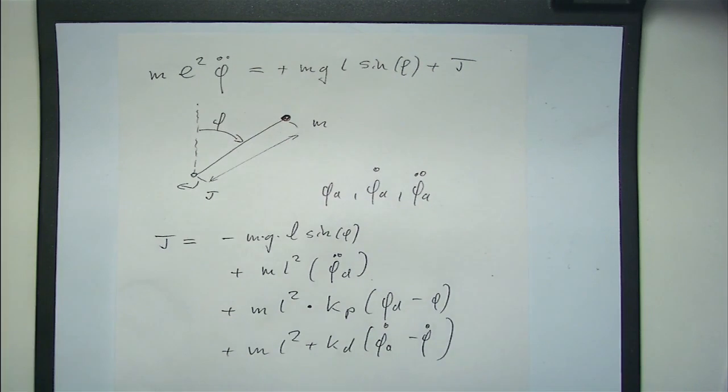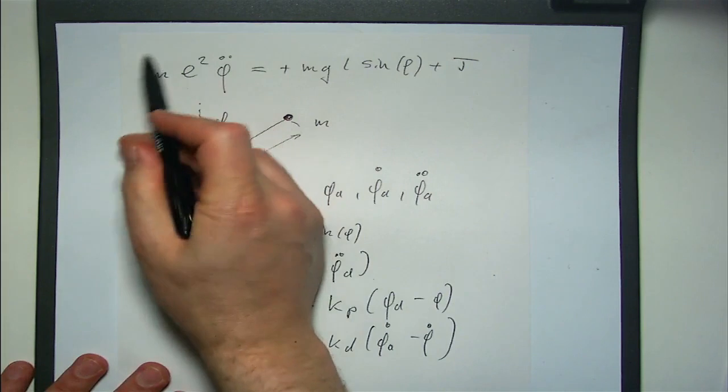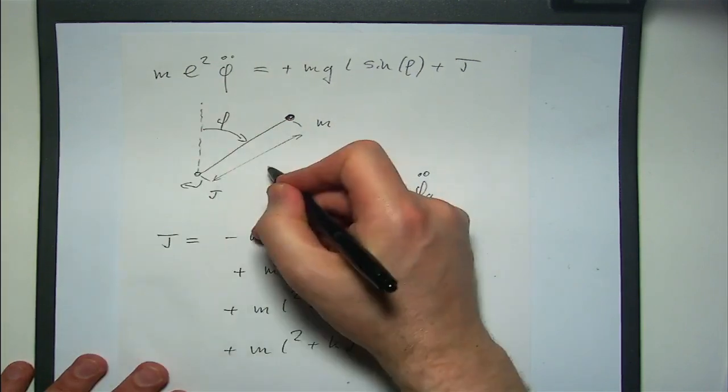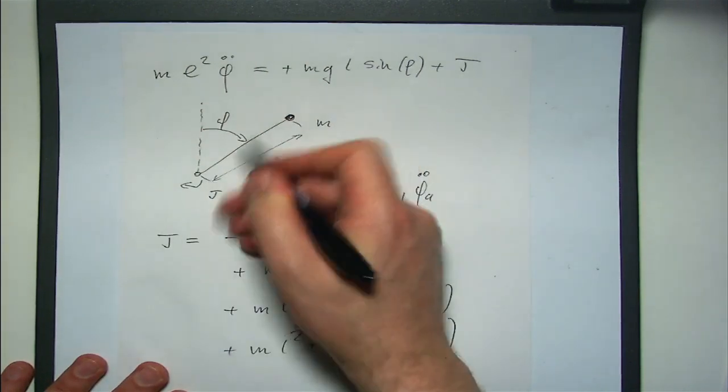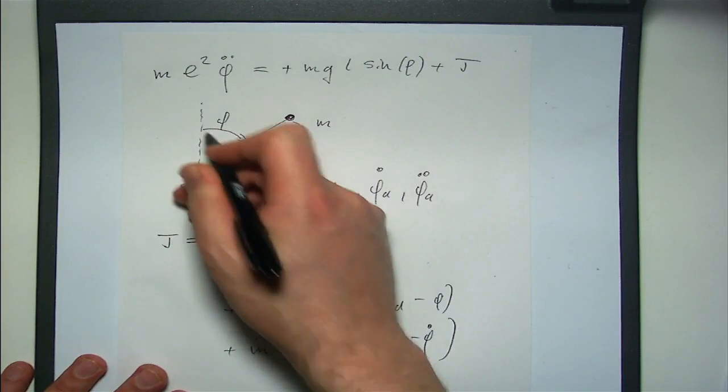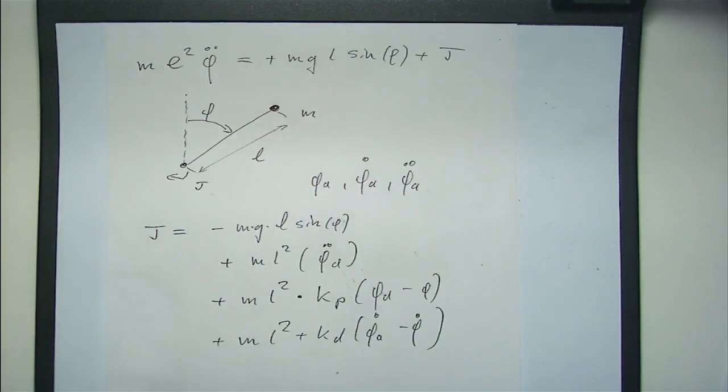So this is a typical single degree of freedom example which one can introduce to look at this. And the nice thing here is that our L, which is the length of our pendulum that we are rotating around, is constant in this case.